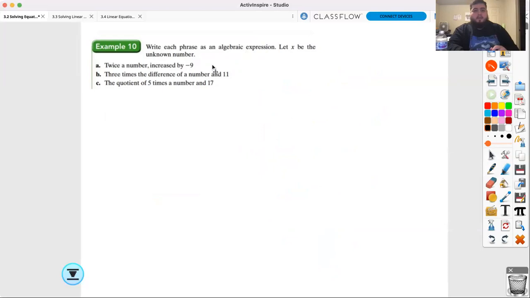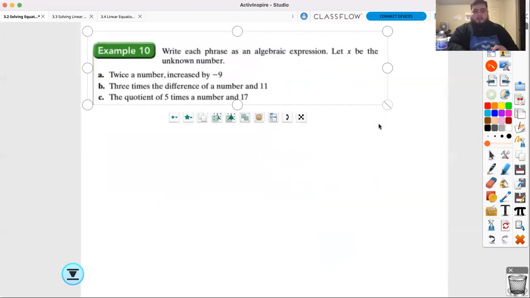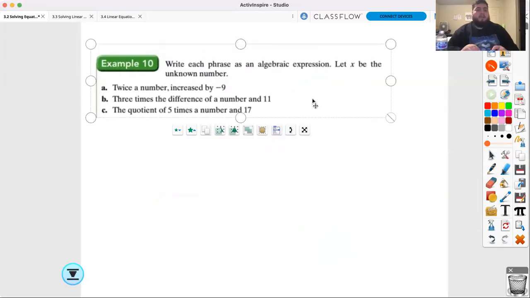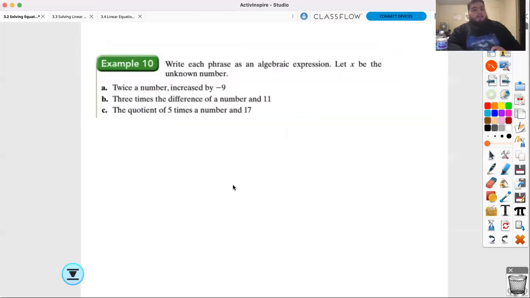All right, we have another expression now. We have more, but now they're getting a little bit more complicated. I'm going to give you about 2 minutes to write these down and get started on it.